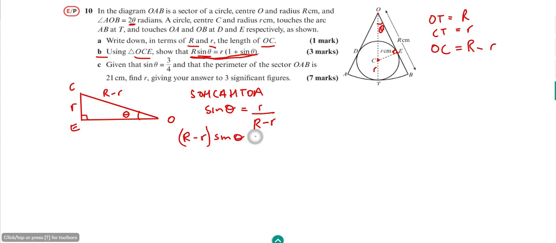theta equals r. I'm going to multiply that bracket out now, and I'm going to get R sine theta minus small r sine theta equals r. Take the minus r sine theta over to the other side, so it'll become positive.